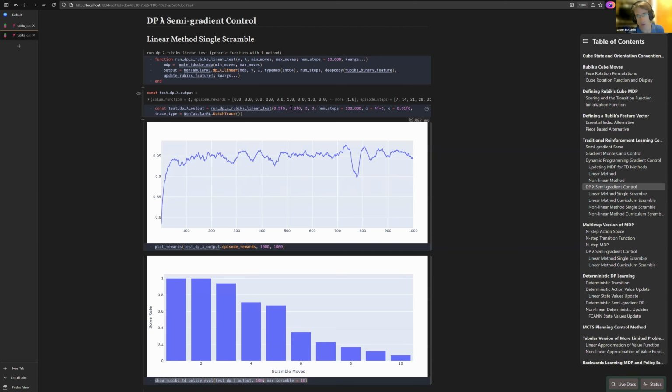There's no eligibility trace being used in that case. And this 3 and 3 means I'm just testing this learning process where I'm only scrambling the cube 3 times at most. So every time it starts, it just scrambles randomly, and this is running for 100,000 steps. This is the learning rate.